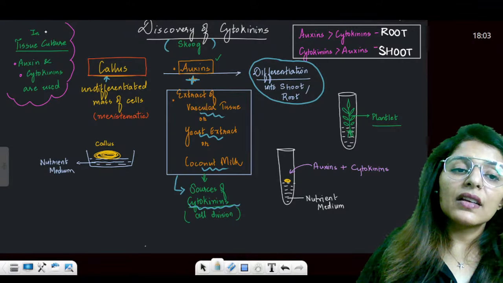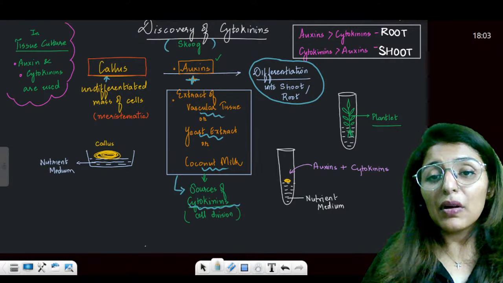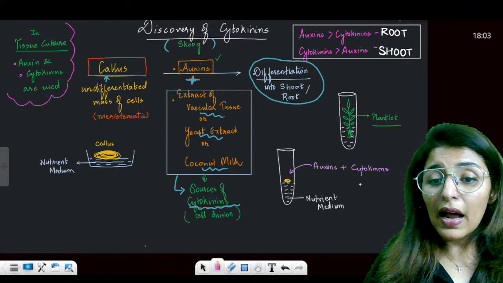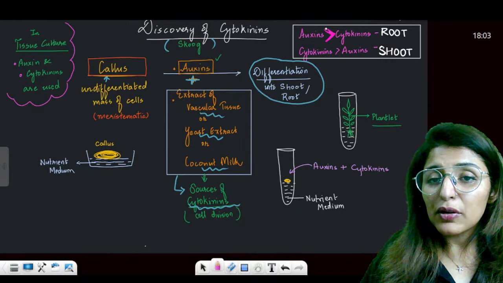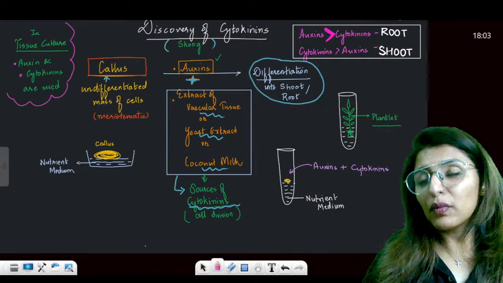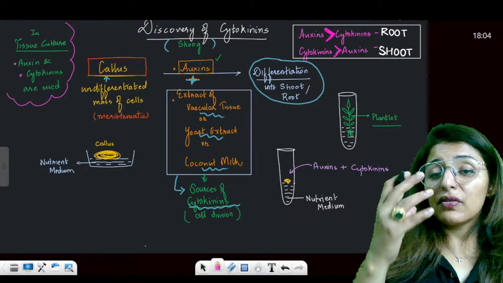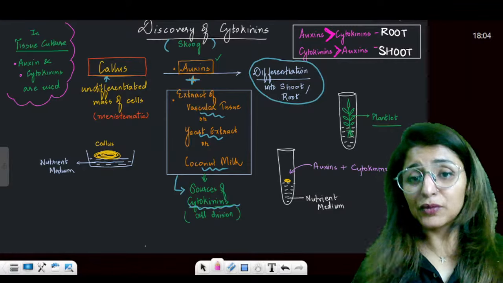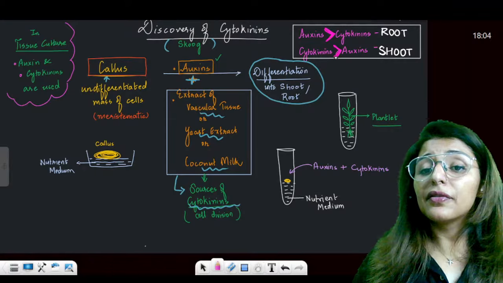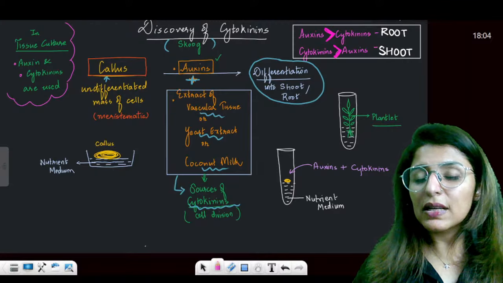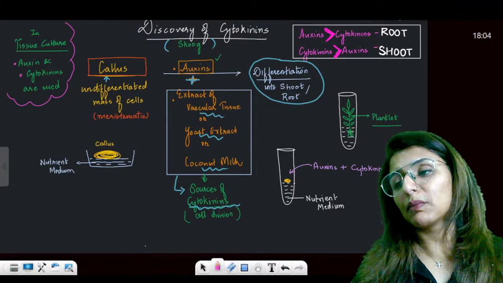This callus is used in tissue culture. Remember, while doing tissue culture, if you add more auxin as compared to cytokinins, then rooting will begin first. But if the ratio of cytokinins is more as compared to auxin, then shooting will begin first.